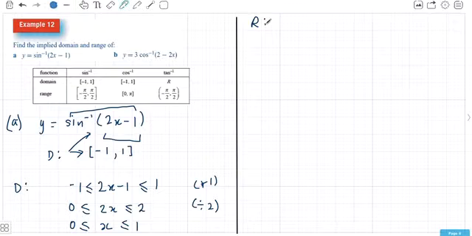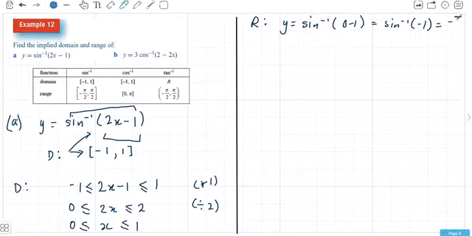Our range, because we haven't got any translations or any dilations out the front, or amplitude changes effectively, we're not going to be changing the range, but you can always check this as well. Put your maximum and minimums in here just to check if you're not sure. So inverse sine of 0 minus 1, that's inverse sine of -1.